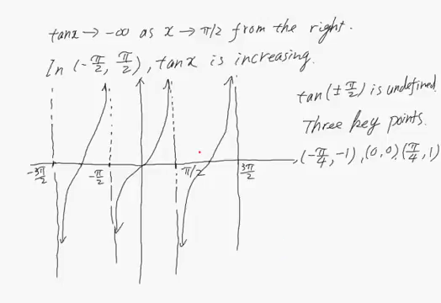So 0, 0, this point, and then pi over 4, 1, this point, and negative pi over 4, negative 1, this point. So those are the 3 key points on the graph of the tangent x in the fundamental cycle.